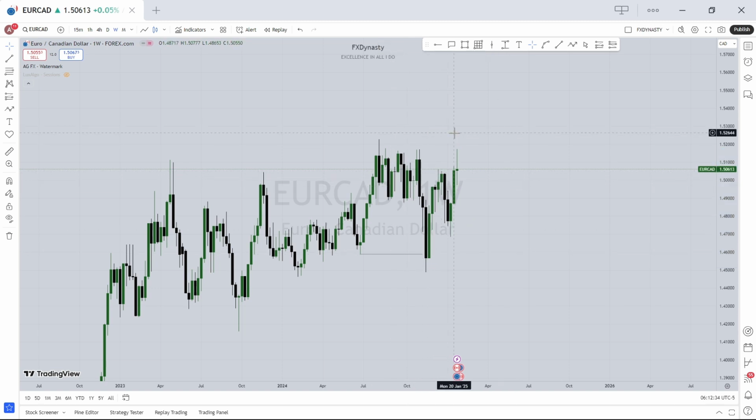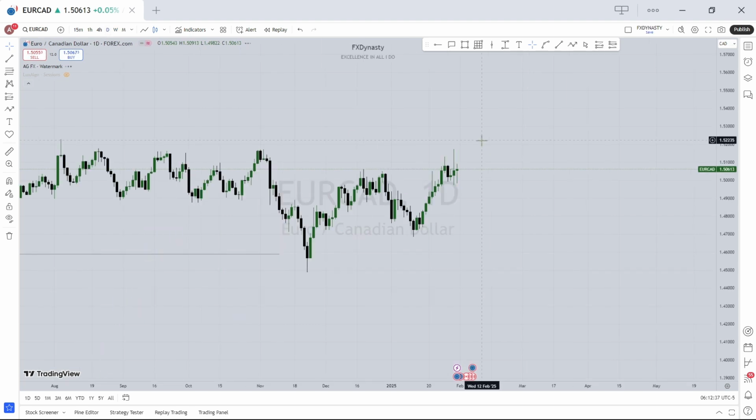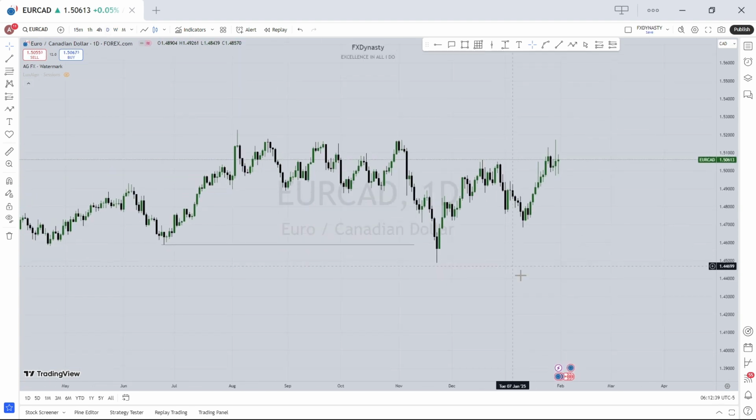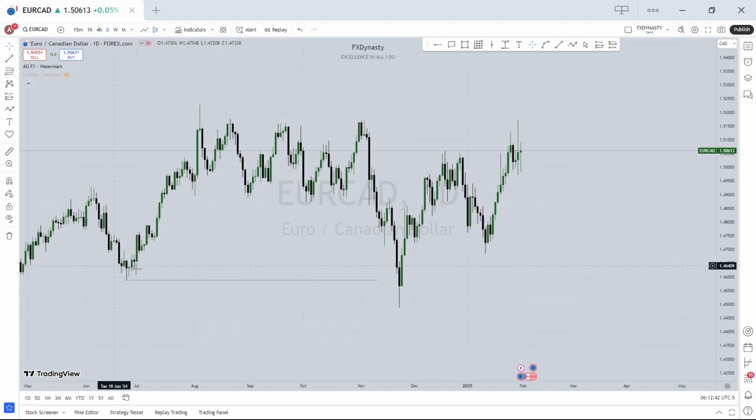So let's scale down to the daily time frame. On the daily time frame, you see that we had this liquidity taken on this low, and price shifted structure above this high.